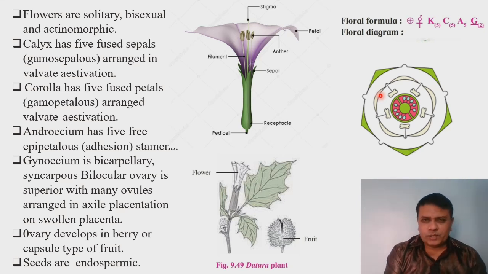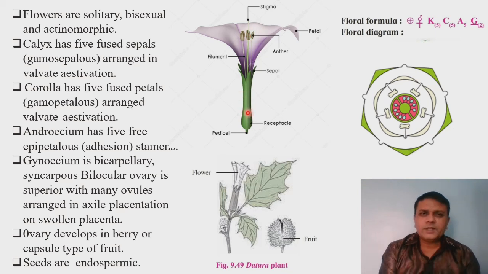Then the gynoecium is the innermost floral whorl. Here we can see the gynoecium. The gynoecium shows the presence of stigma, then style, and the ovary is inside the receptacle. So the gynoecium is bicarpellary. That means it shows the presence of two carpels. Here in this floral diagram, we can see the transverse section of the ovary.